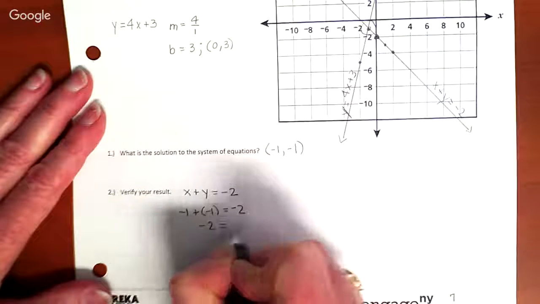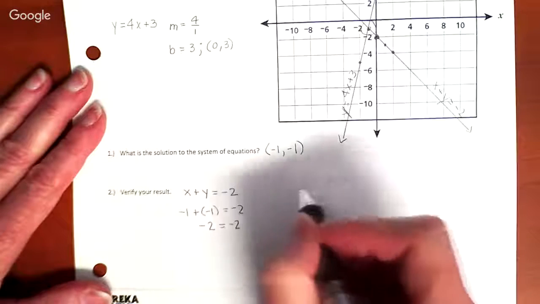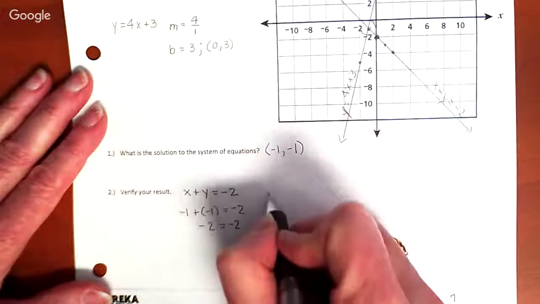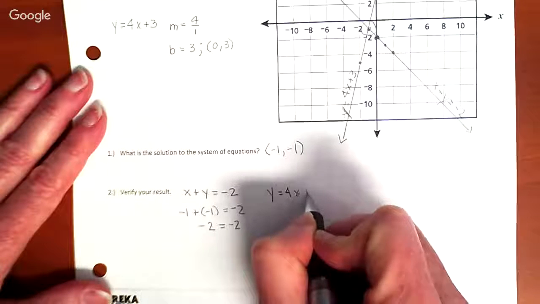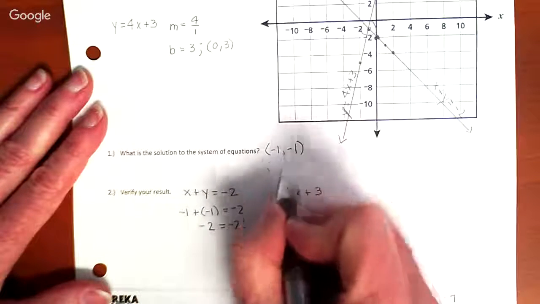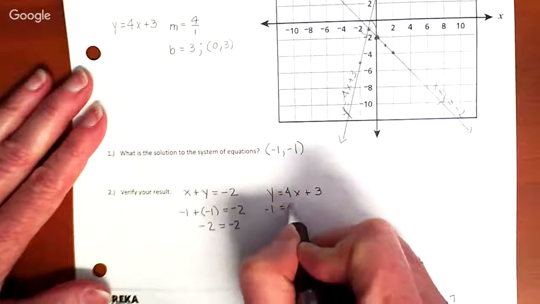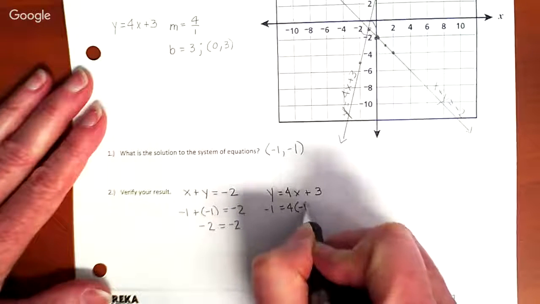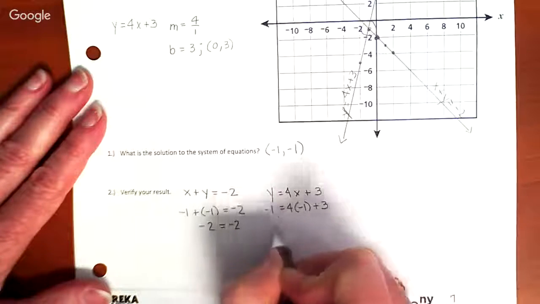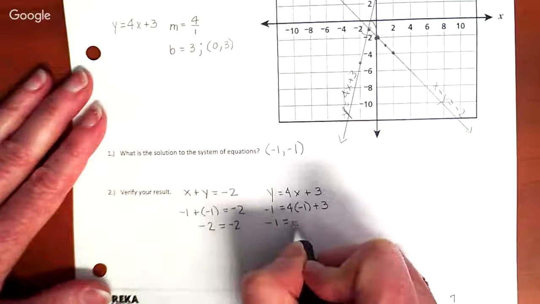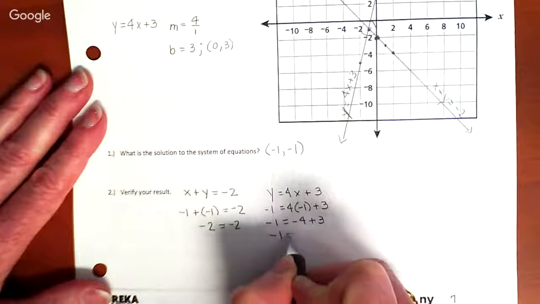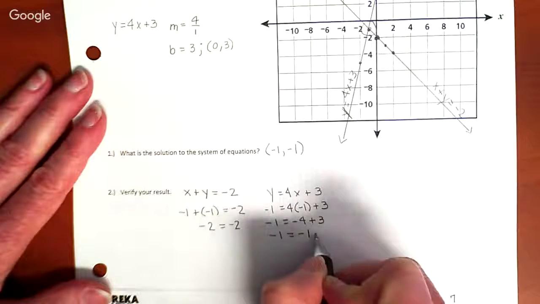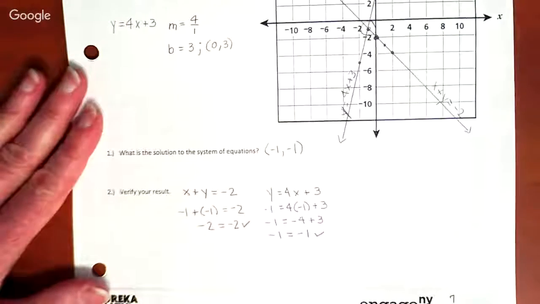Negative 2 equals negative 2. My second equation, we have y equals 4x plus 3. So negative 1 equals 4 times negative 1 plus 3. Negative 1 equals negative 4 plus 3. Negative 1 equals negative 1. And they both check.